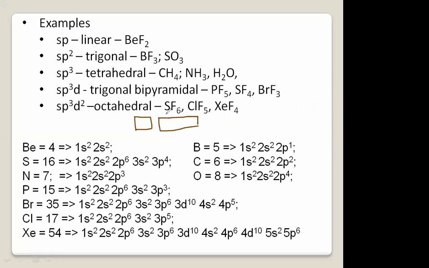You have 3 subshells for p, and you have 5 subshells for d. So you have 1, 2, 3, 4, 5. So the electron in s orbital of sulfur, you have 1 like that.